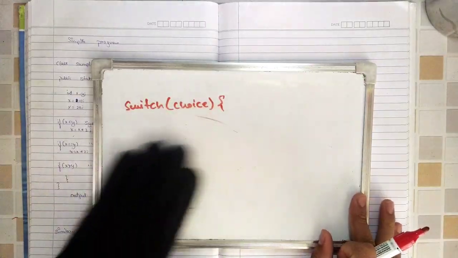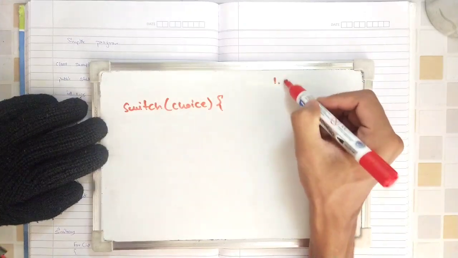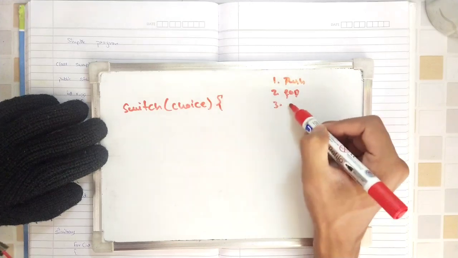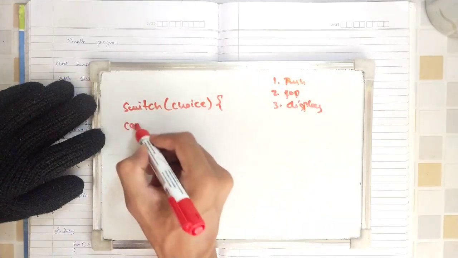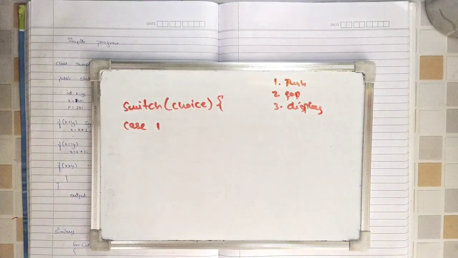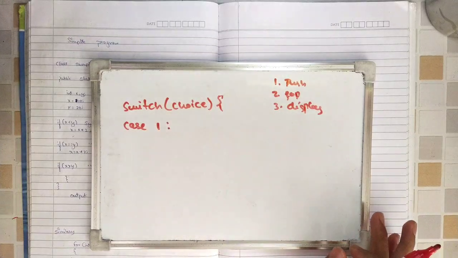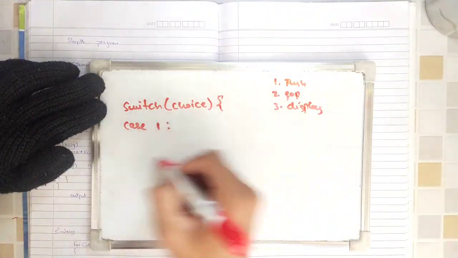As I said, we wrote 1 for push, 2 for pop, and 3 for display, right? Let me write the code for this. First I'll write case 1. Whatever we write after the case, if the input from the user matches, then we execute this block of code.